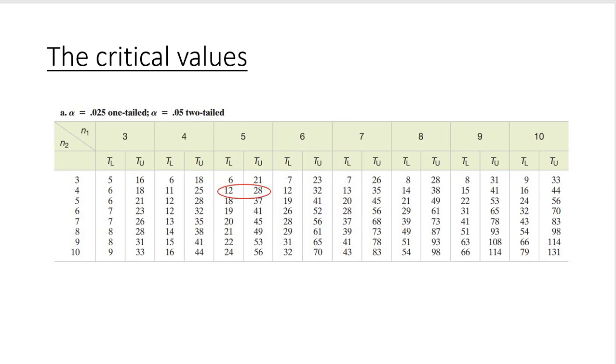Everything between them goes to the region of acceptance. Everything to the right and to the left goes to the region of rejection. So this time we are specifically interested in one-tailed test. That's why for us the critical value is 28.